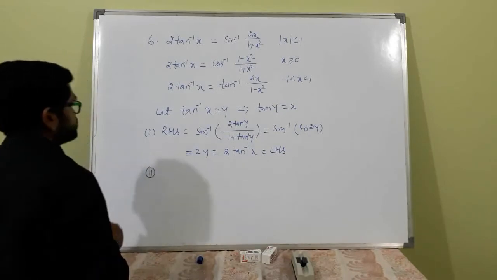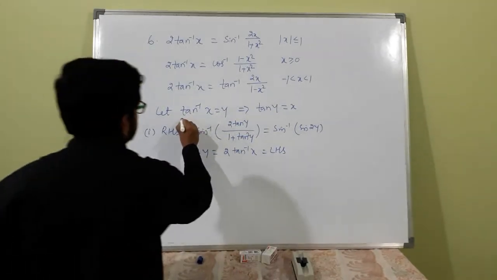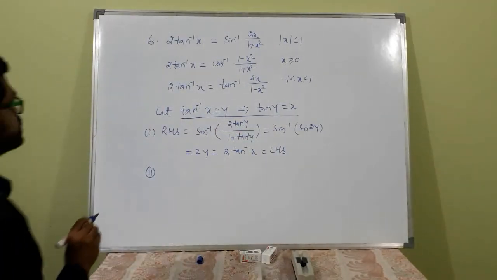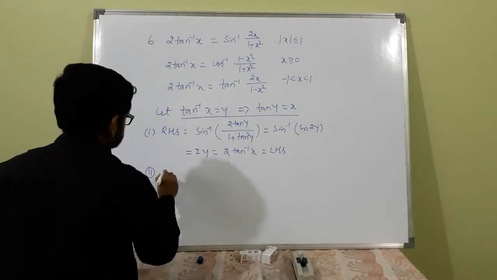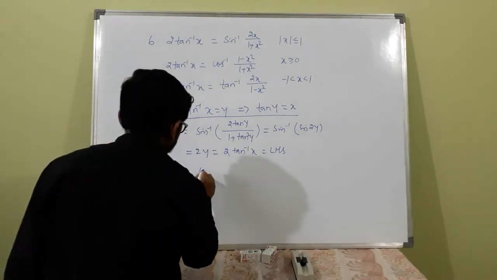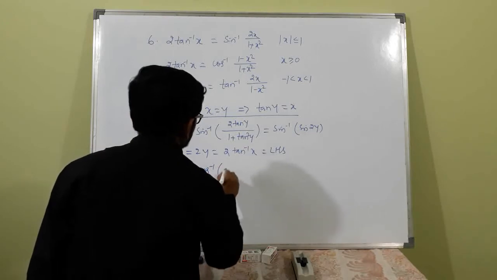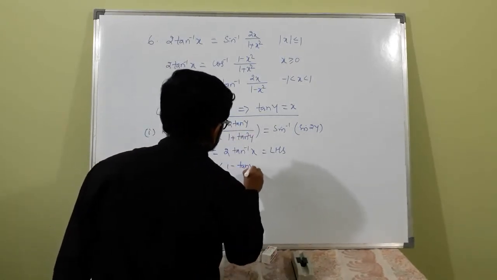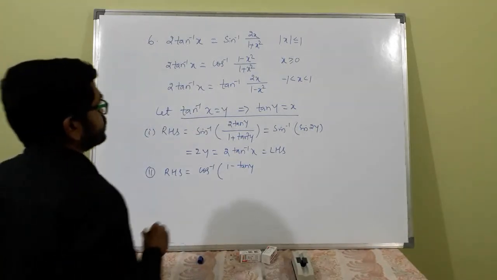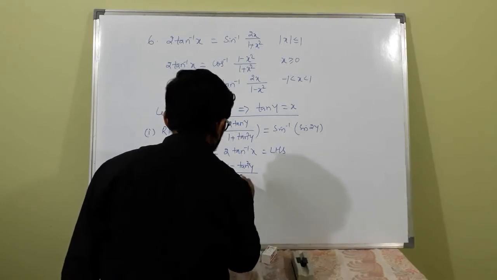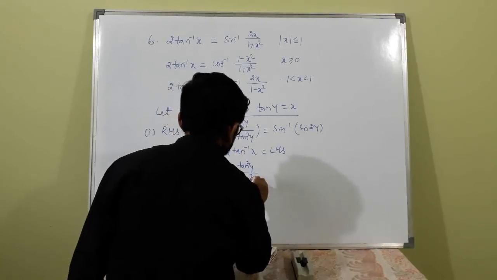For the second one, the same substitution. In all the cases, you have to substitute tan inverse of x equal to y only. Consider RHS. Cos inverse of (1 minus x squared), with x being tan y, that is 1 minus tan squared y divided by 1 plus tan squared y.